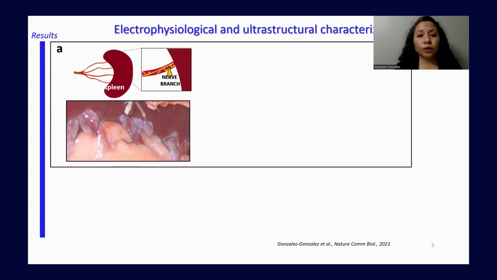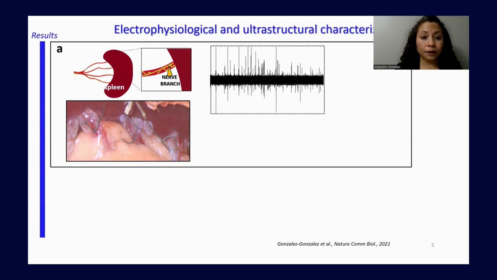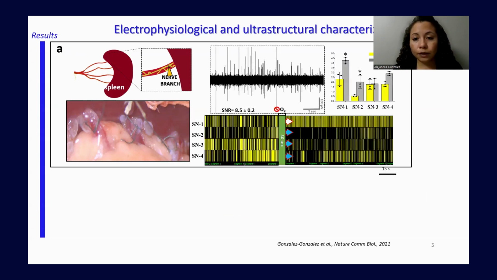So when we go to the electrophysiological characterization, we implanted these graphene electrodes in different branches in the spleen. This is a representative recording, but more interestingly, it was very exciting to observe that the 4 branches of the spleen in the rat are different, have different activity.